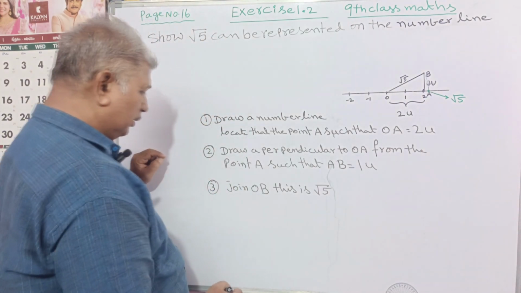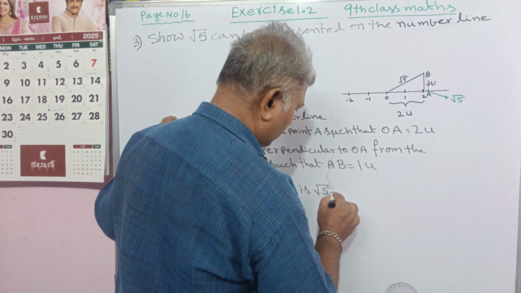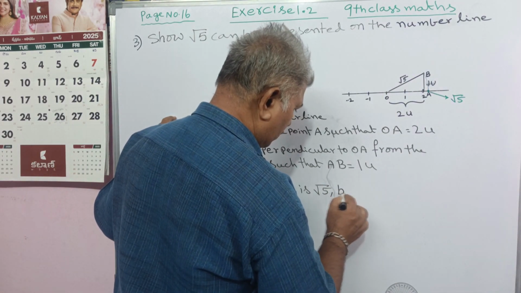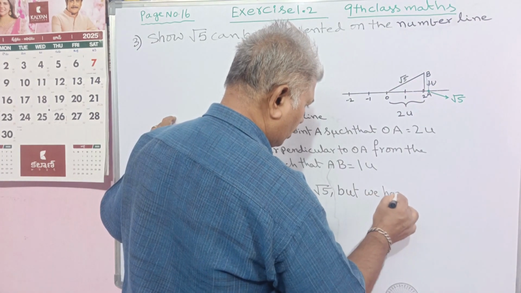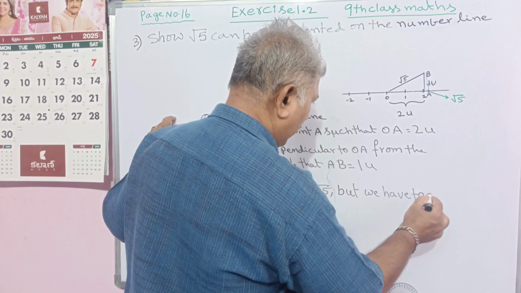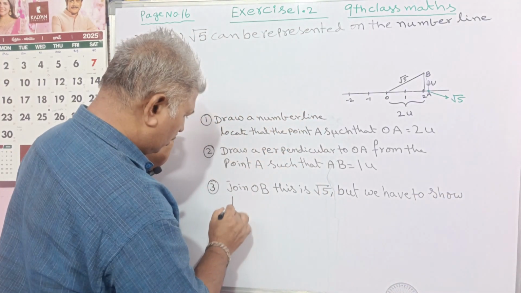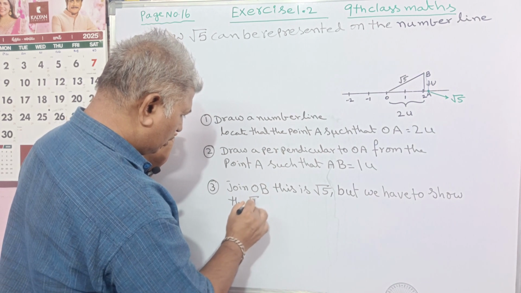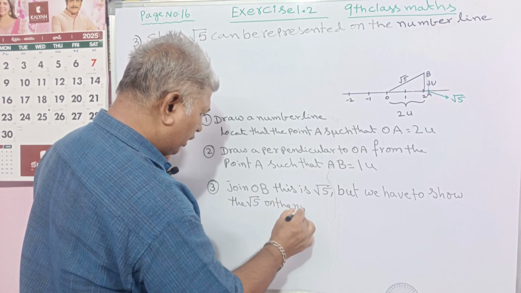But we have to show root 5 on the number line.